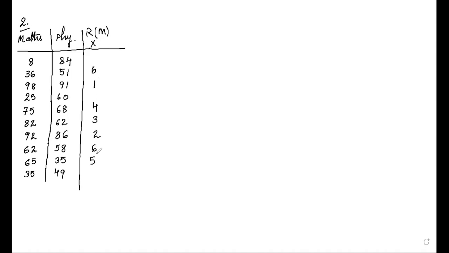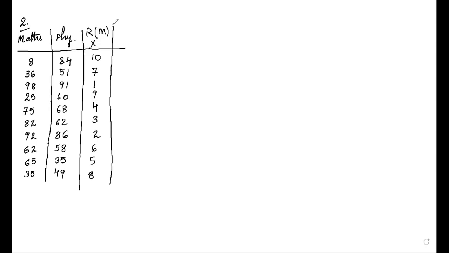Then 62, it is 6, so 6 has already been assigned, so it will be 7. And then 35, it will be 8. Then 25, it is 9. And then 8, it is 10. So these are the ranks that we have given according to their scores in maths.